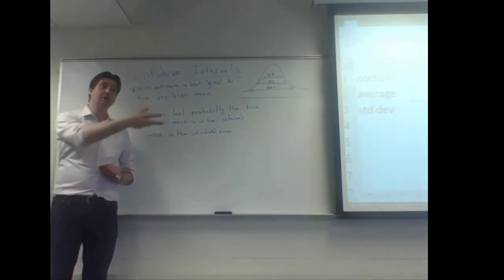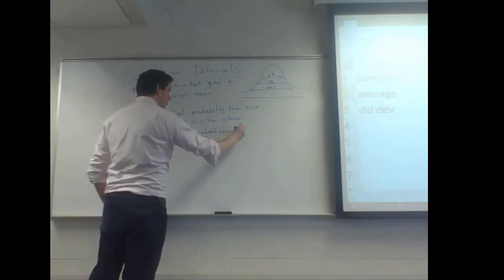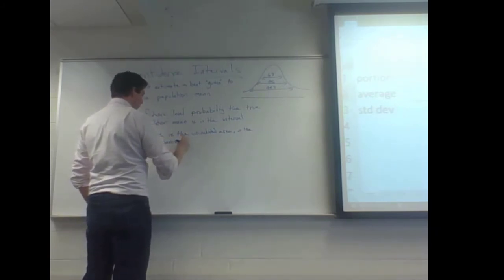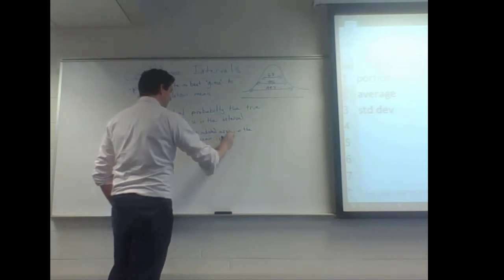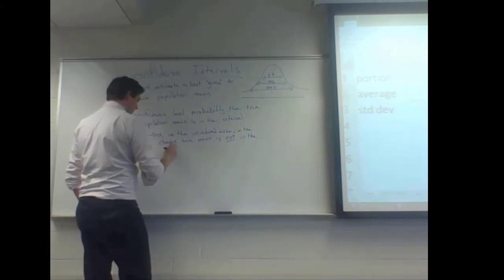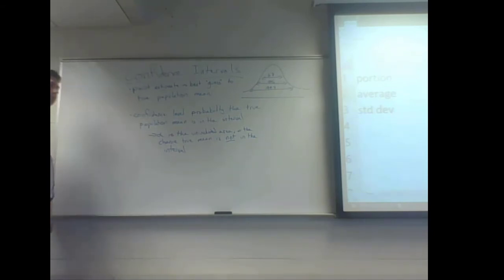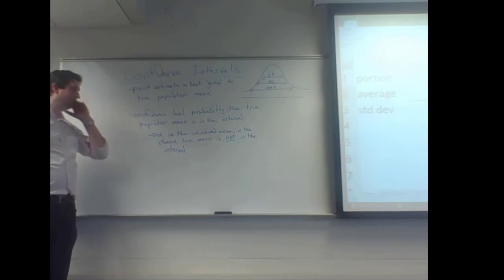And that chance is alpha. The unincluded area is the chance the true population mean is not in the interval.